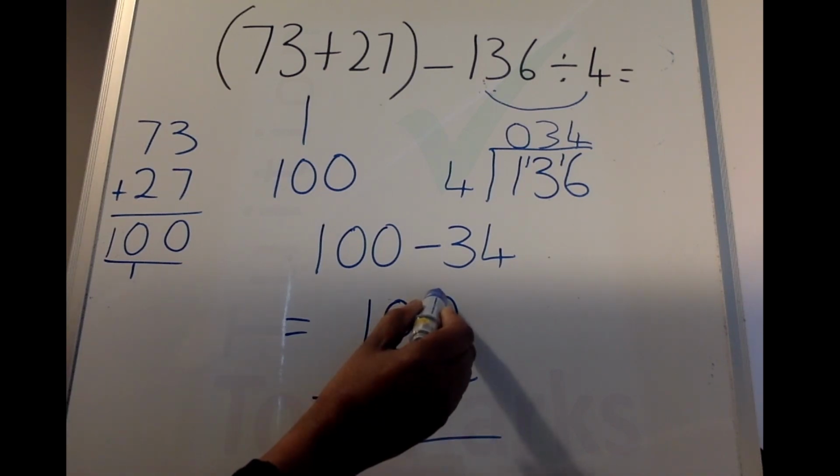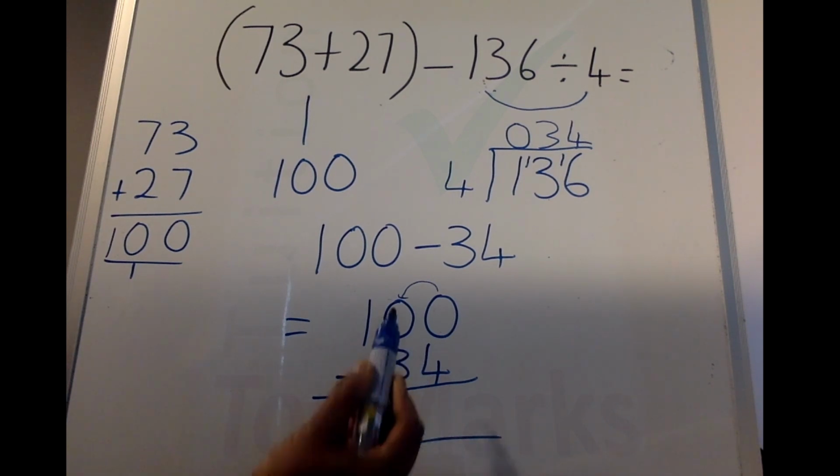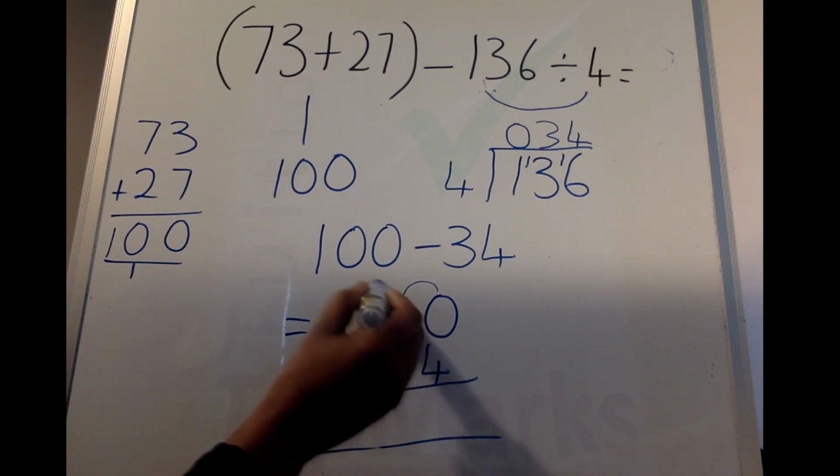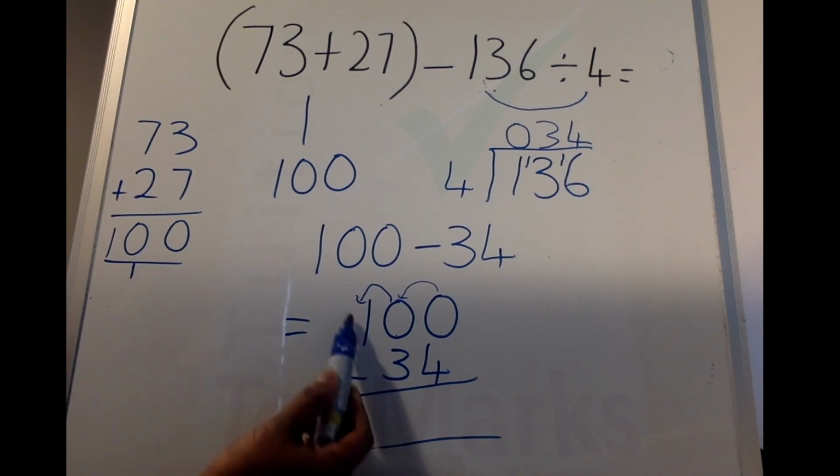So this 0 is going to pop next door. But this 0 doesn't have anything to give away. It can't help at the moment. So this 0 is going to pop next door to its neighbour. It'll pop next door and borrow from its neighbour.